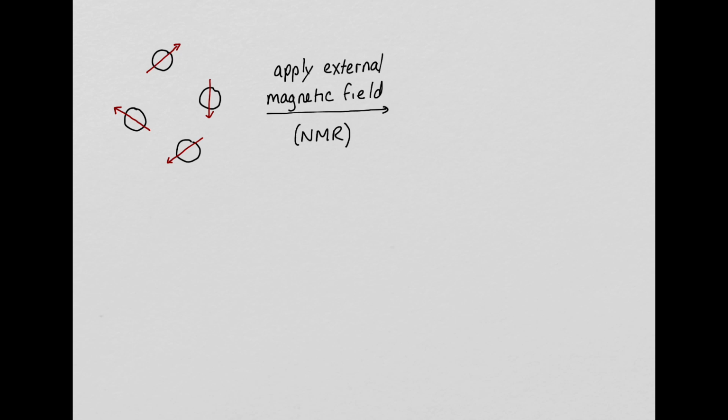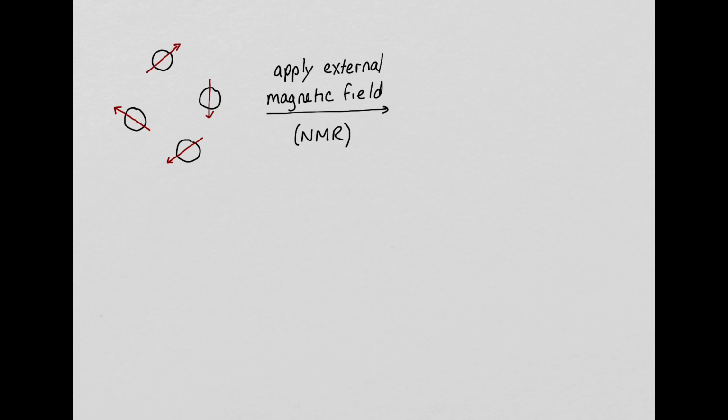In NMR, we take this sample of spinning nuclei, or the sample of little magnets, and we place it in an external applied, strong magnetic field. And when we place all these little magnets in this strong external magnetic field, they tend to align with the strong magnetic field.